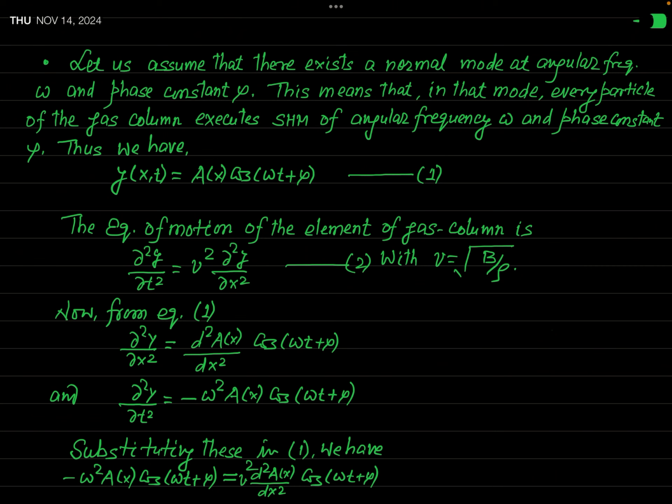You will see later on we will consider two cases. The first case will be a tube open at one end and closed at the other end. And in the second case, we will consider a tube which is open at both ends.